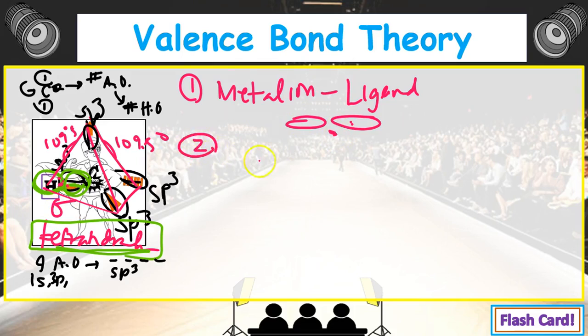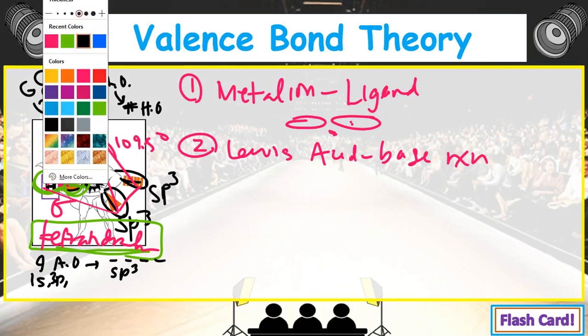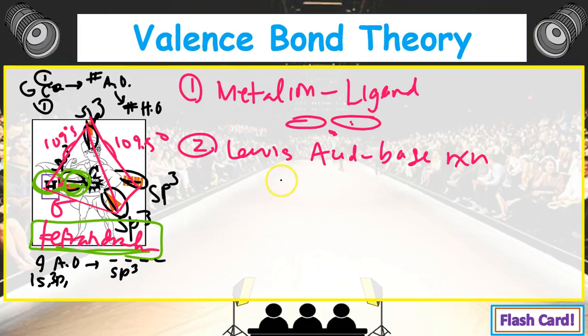Well, we know, secondly, if we're talking about complex ions, we're talking about a Lewis acid-base reaction. That means that we're going to have our metal ion that has the ability to act as a Lewis acid, meaning it's going to accept electrons. And where is it going to accept electrons from? The Lewis base.